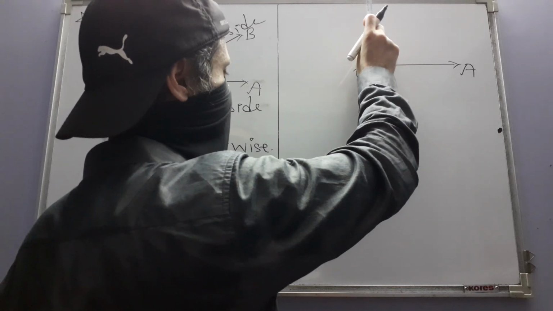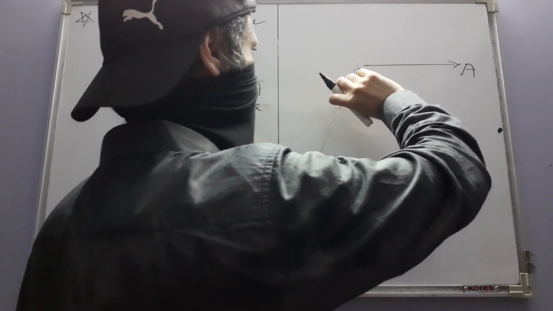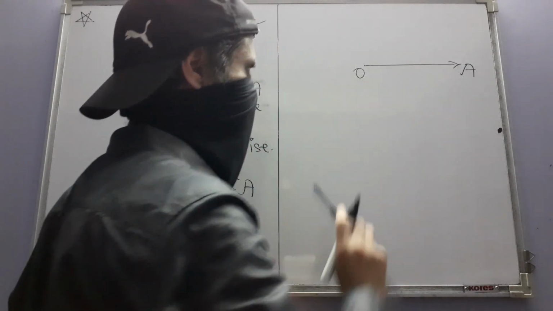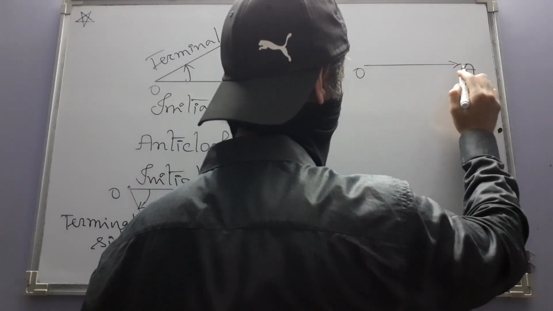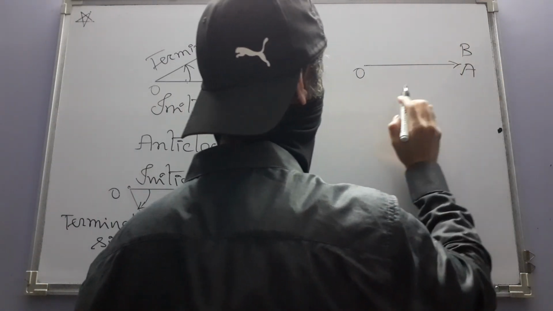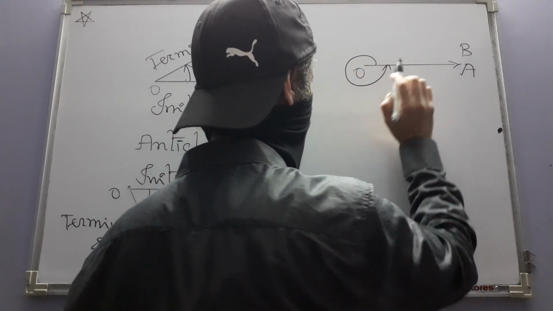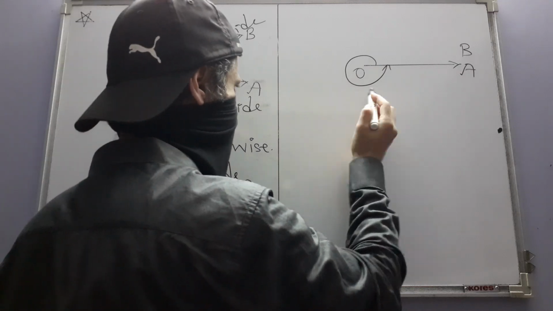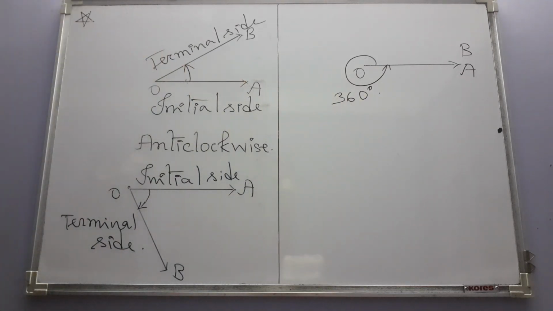It has suffered an anti-clockwise rotation like this, it has made one complete revolution and has come back to that same position. So you can write B also here if you want, and the rotation is like this, 360. I mean, if you are writing the angular measure, then this is 360 angle.